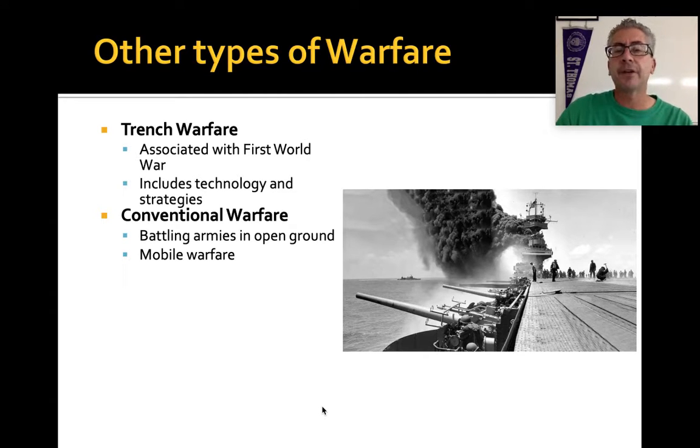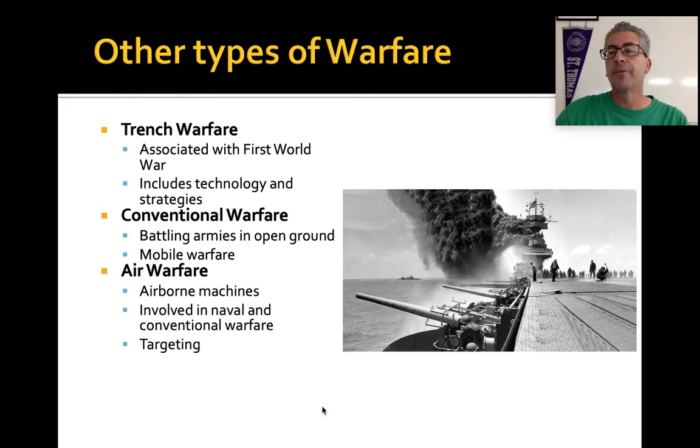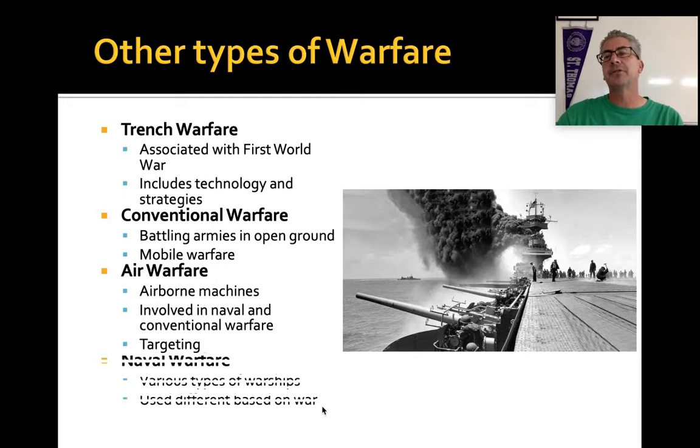You have conventional warfare, battling armies in open ground, mobile warfare, and we can find a number of conflicts like that. Air warfare becomes big in the 20th century. Airborne machines, we're talking about the planes, involved in naval and conventional warfare, and really the type of targeting. So the air warfare is going to become a little bit more effective as we move through the 20th century.